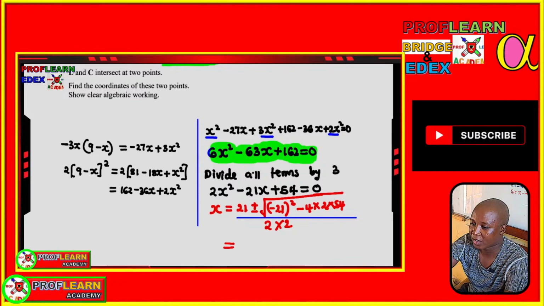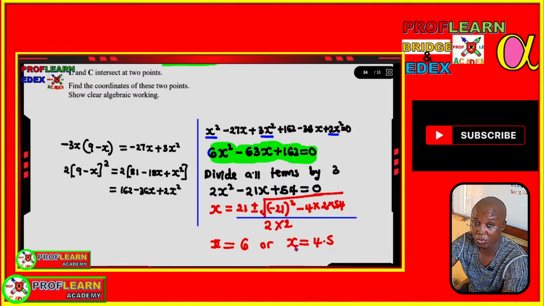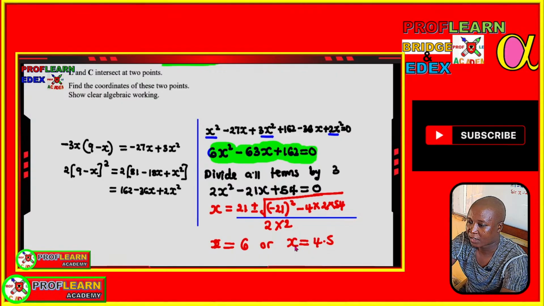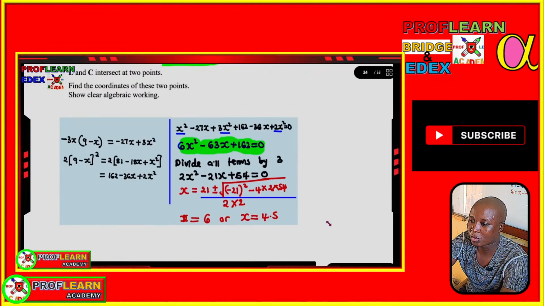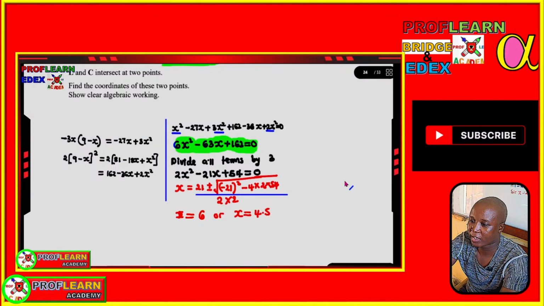And then if we simplify this particular equation that we have, we are going to have x equals 6 or x equals 4.5. So that is the value of x. Then for each value of x, we are going to find the value of y.